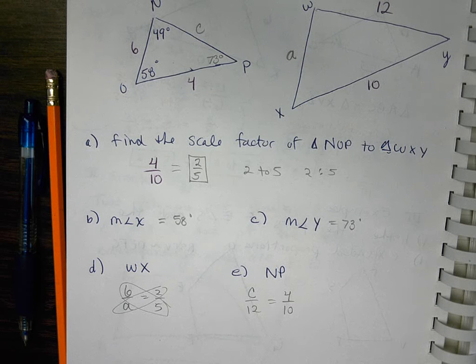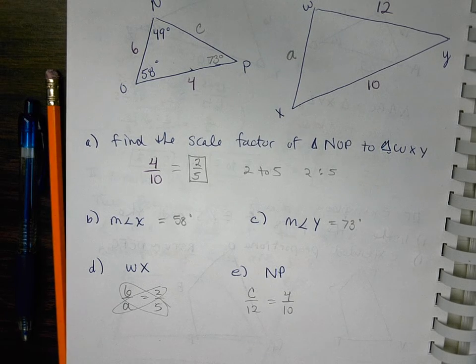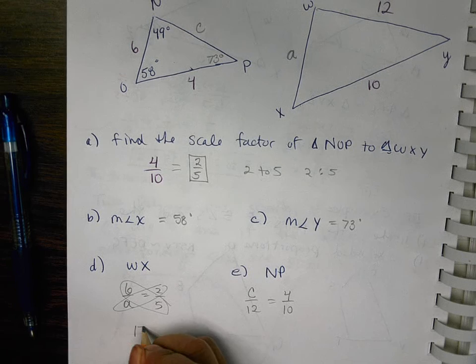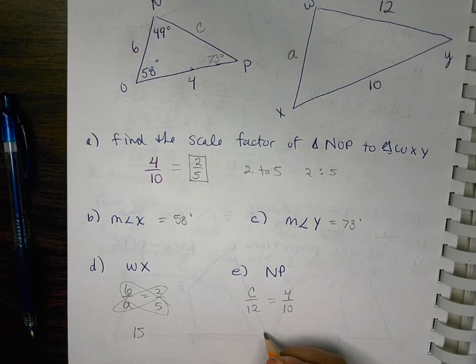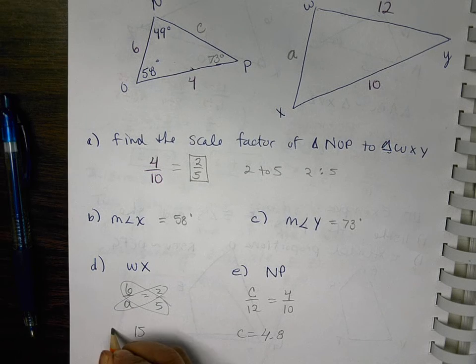All right, guys, what did you get for D? 15. Thank you, Nathan. This one is a decimal. Anybody have it? What is it? 4.8. I think you meant Bradley. You said Nathan. Actually, Shelby said.